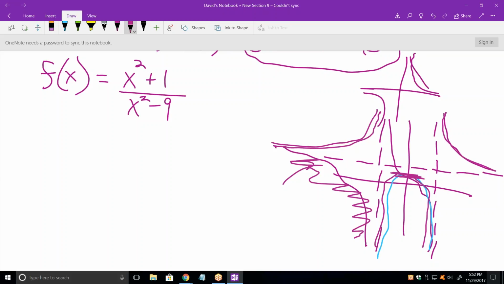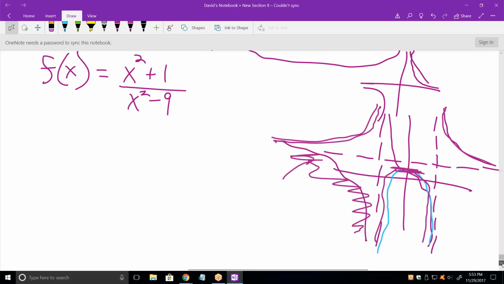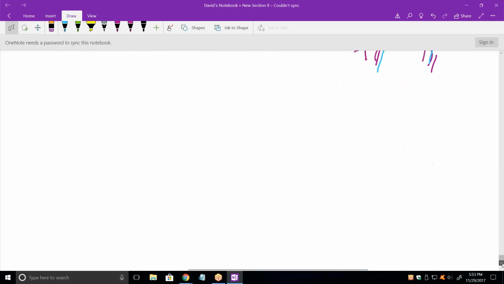Okay? Now, my eraser doesn't work on this program, so let me start from the bottom. x squared plus 1 over x squared minus 9 is f of x.